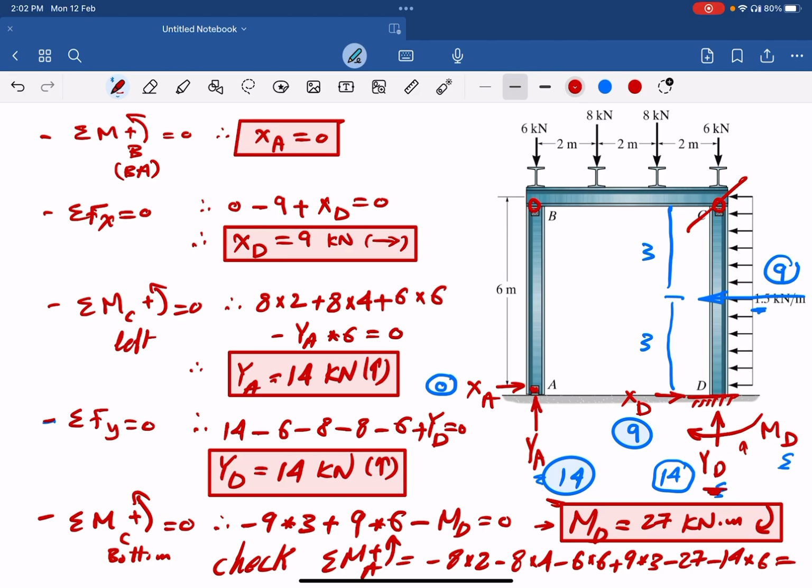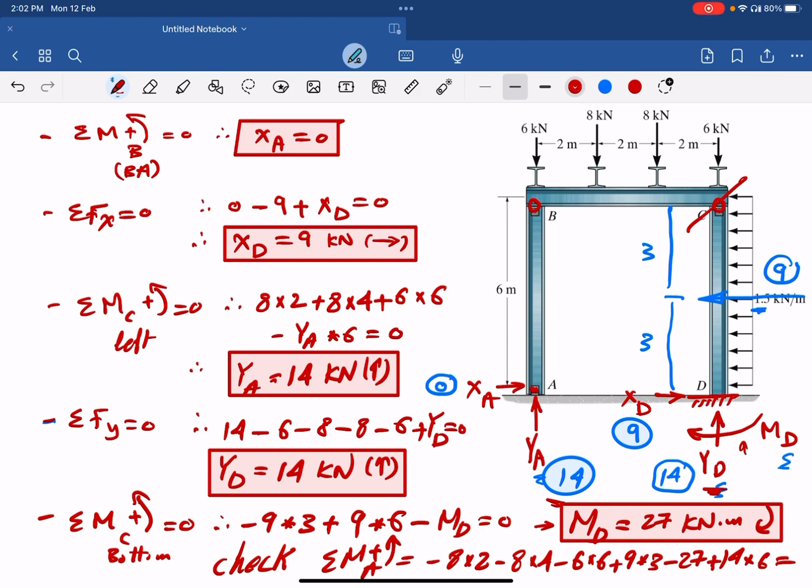Let's check again. So this one, it was 8 times 2 clockwise, it is negative, negative, negative. This 9 is positive, Md is negative. Yes, Yd times 6, it would be counterclockwise, so this value would be positive instead of negative here. Okay, so now let's check again.